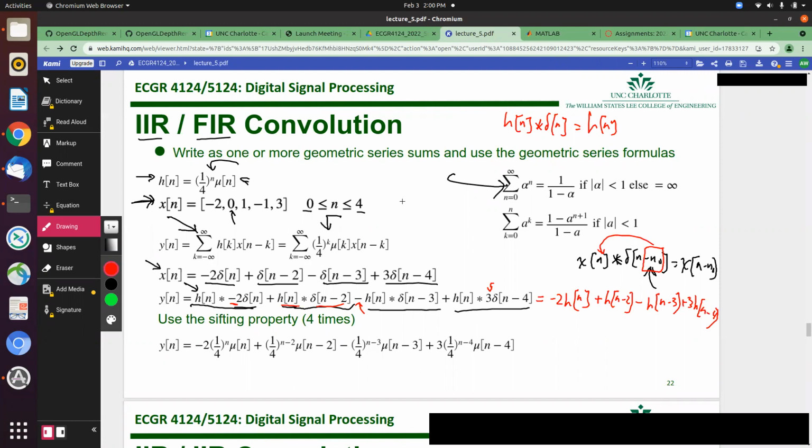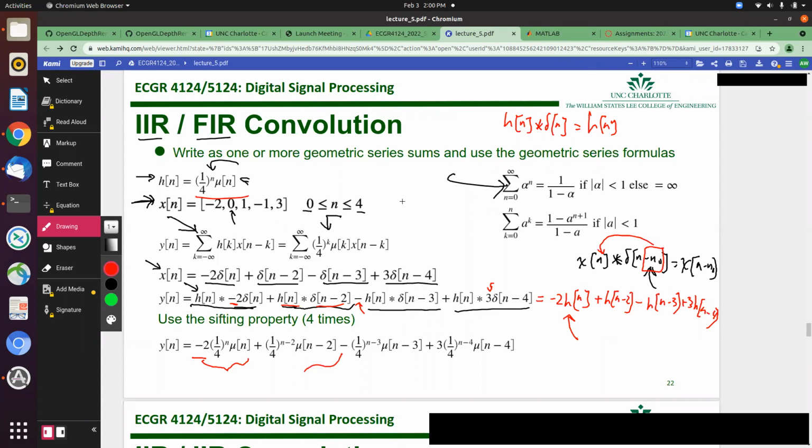All right, that's what I'm suggesting as your solution. Now we know what the form of h of n is, right? It's right here. It's just written down. Now it's just substitute. So -2 times h of n. That's -2 times 1/4 to the n u of n. That's our first term. So h of n minus 2. Well, it's 1/4 to the n minus 2 power u of n minus 2.